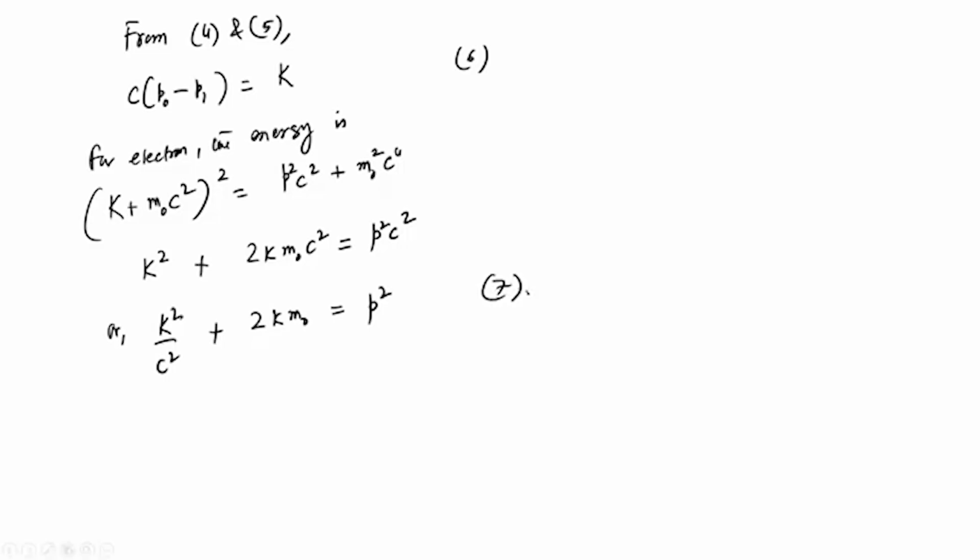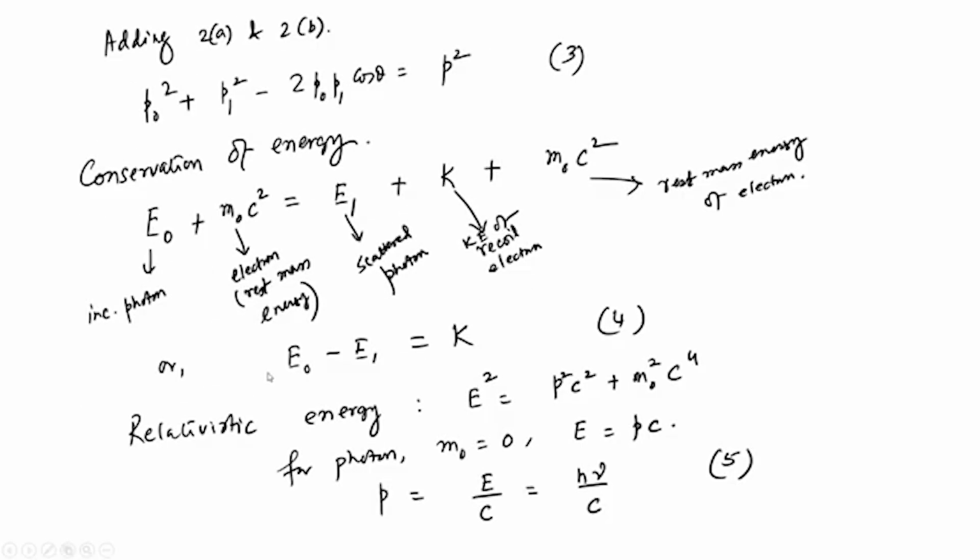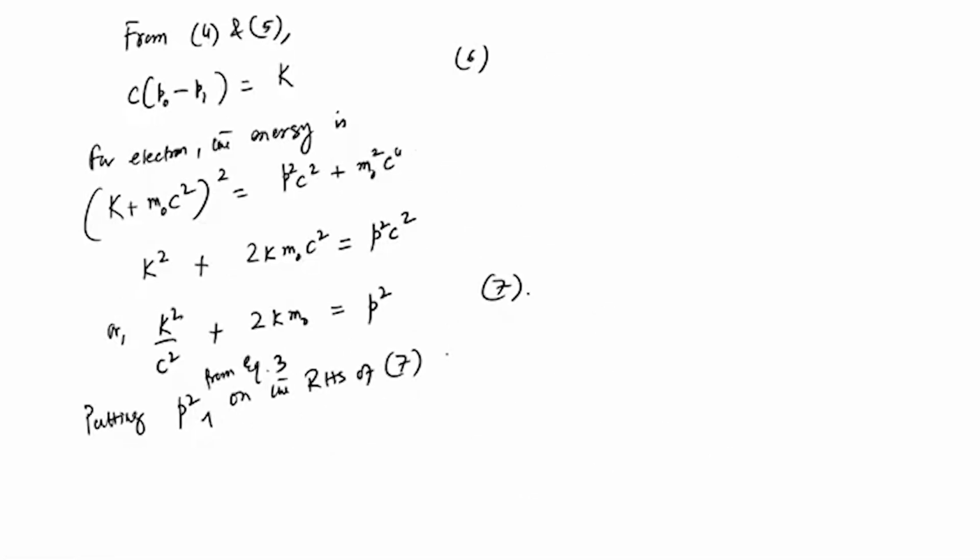Okay. So now put p square on the right hand side of 7 from equation 3. Let's see where equation 3 is. That's the p square that you see there on the right hand side. So you put that into the right hand side of equation 7, and also k from 4.